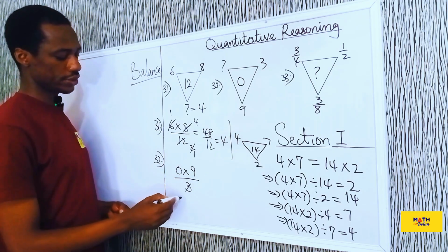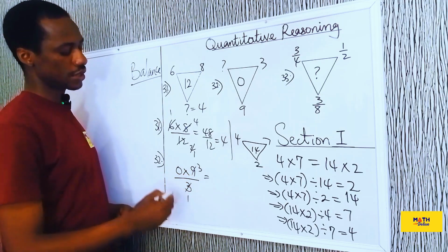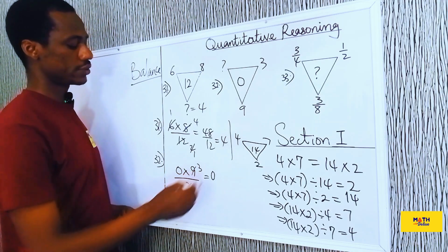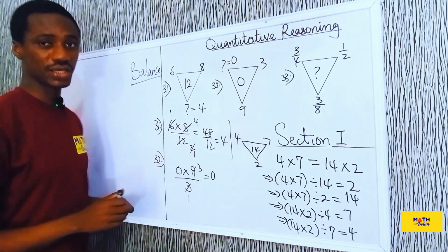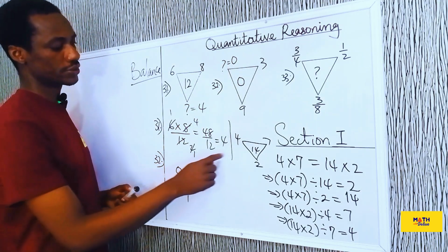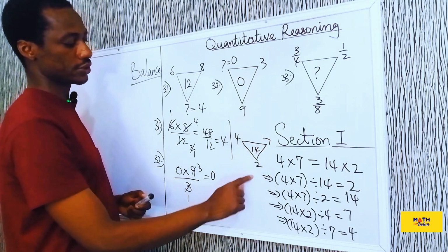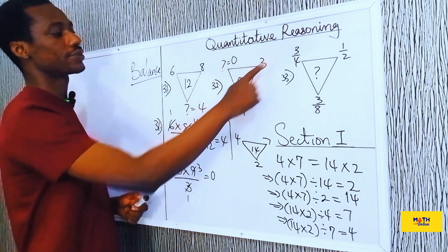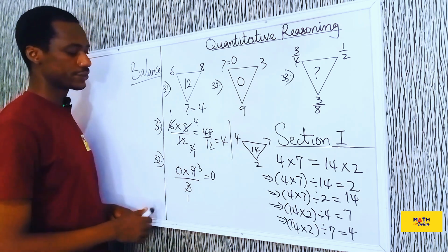So we just go 3 here, 3 in 9 is 3, and 0 times 3 is 0. So our answer here is 0. But we need to check if this is balanced. Remember, we said the balance is this times this equals this times this. So that will be 0 times 3, 0. 0 times 9, 0. Okay, balance.